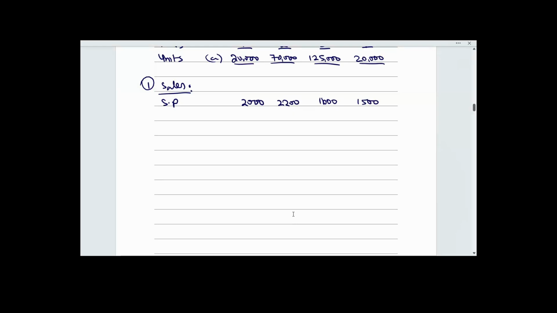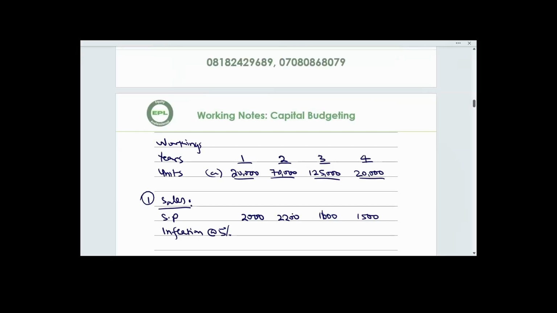We are given real cash flow, and you want to convert the real cash flow to money cash flow. Here we are given different selling prices, so I will come here to inflation. When I was explaining the concept, I mentioned that you are supposed to compound: you will inflate, you will increase your real cash flow to the money cash flow equivalent.